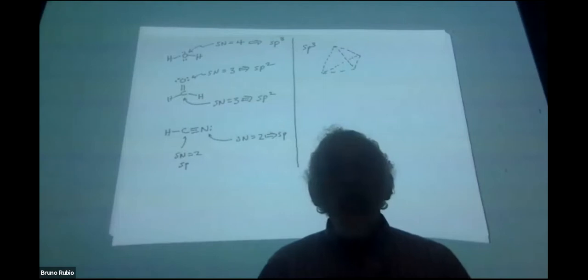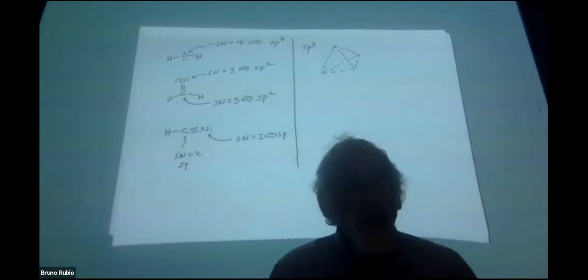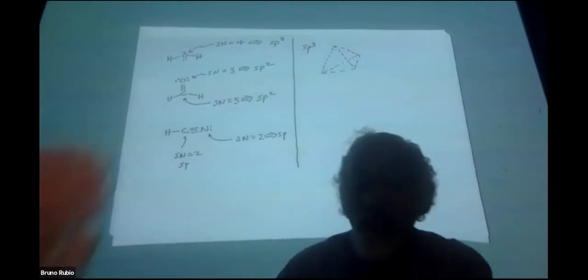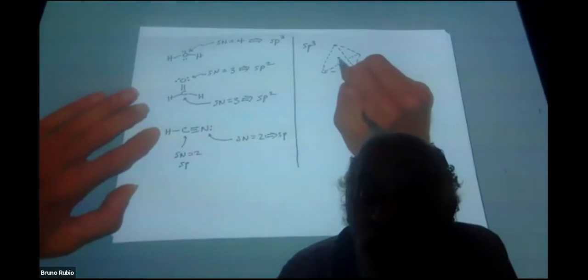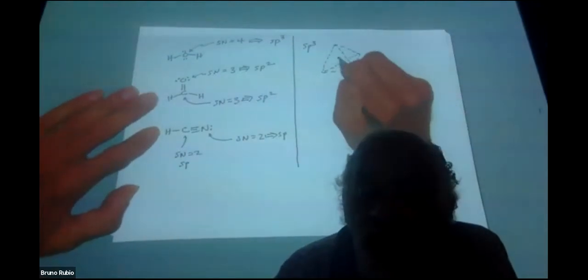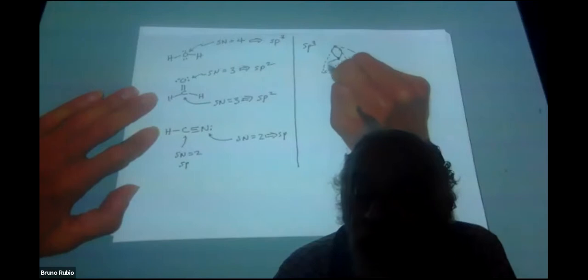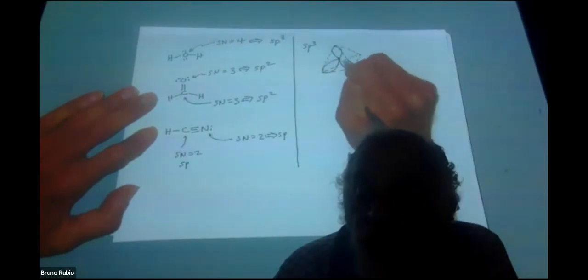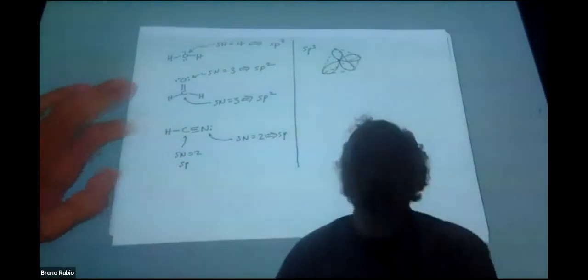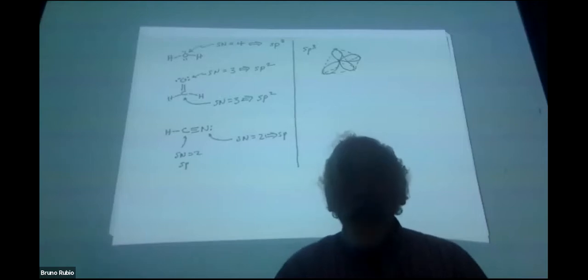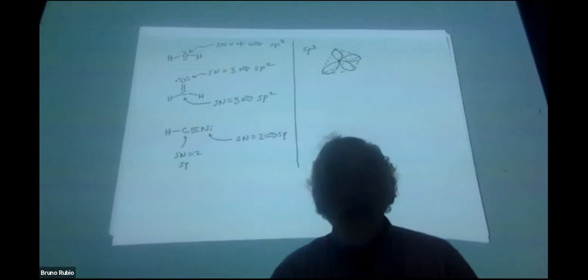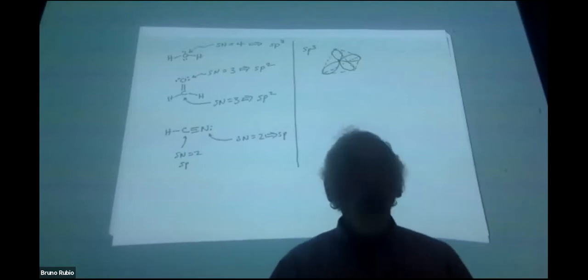A tetrahedron is a pyramid with a triangular base, and the sp3 hybrid orbitals are directed to the vertices of that tetrahedron. Okay, and so this is what the complement of 4 sp3 hybrid orbitals look like.